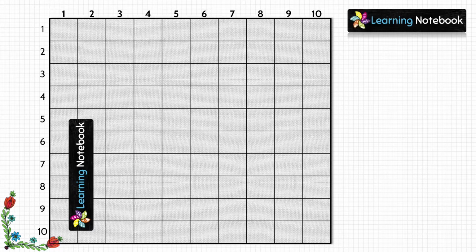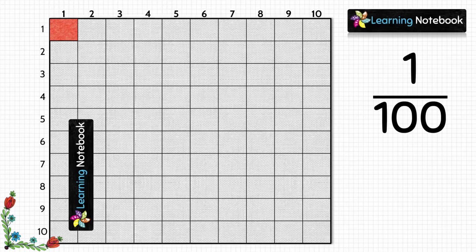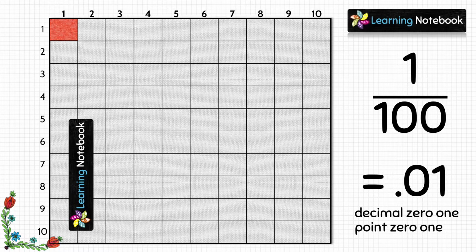Now color any one part. So what is the fraction of this colored portion? Yes, 1/100. And in terms of decimals, we will write it as 0.01.